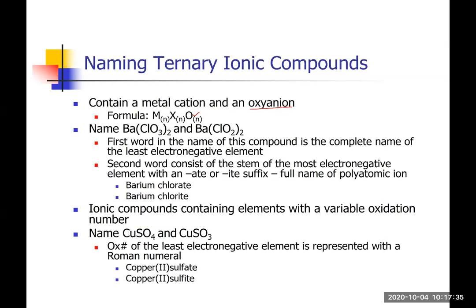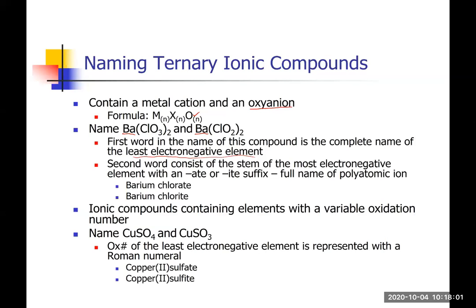The first word in the name of this compound is going to be the complete name of the least electronegative element. And so you can see that rule just carries and carries. And in both of these examples, the full name of Ba is barium. So in naming both of these compounds, the first thing we're going to say is barium. We know that ClO3 minus is chlorate.